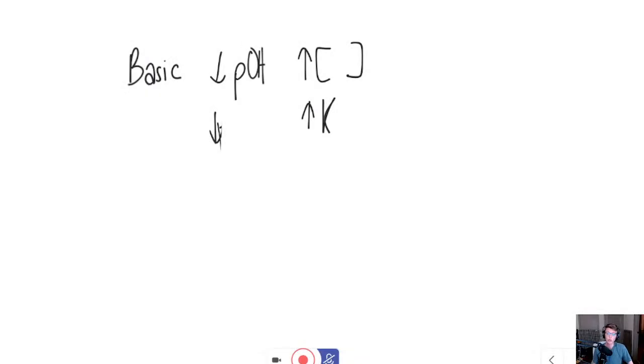So low pOHs are basic, just like low pHs are acidic. The lower your pOH goes, the more basic we get, just as the lower your pH gets, the more acidic we get. And the same thing is true with the hydroxide concentration, as well as not the pKa, but the pKb, as well as the Kb. So all of these things are essentially the exact same concepts.